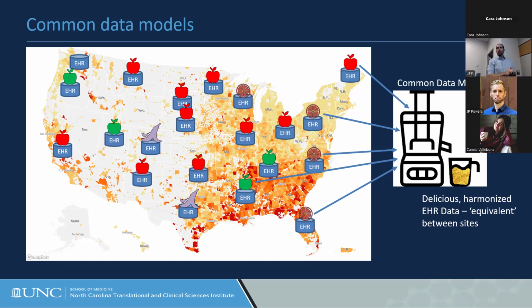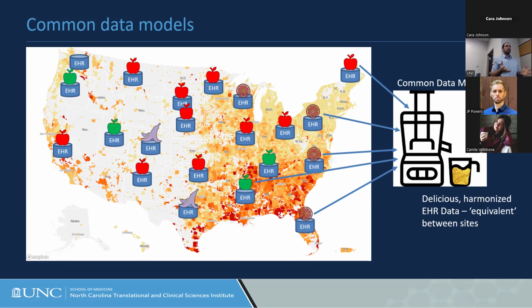again, to extend the metaphor, whether you like it or not, all you care about is the juice from these things. And so by centralizing on a common data model, you're really able to ignore a lot of the differences, both major and minor, between a lot of the EHRs, and really just get to the core of the thing that you're interested in, right? The composite EHR data.